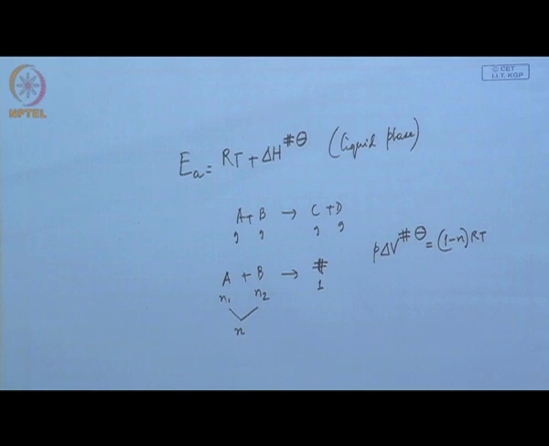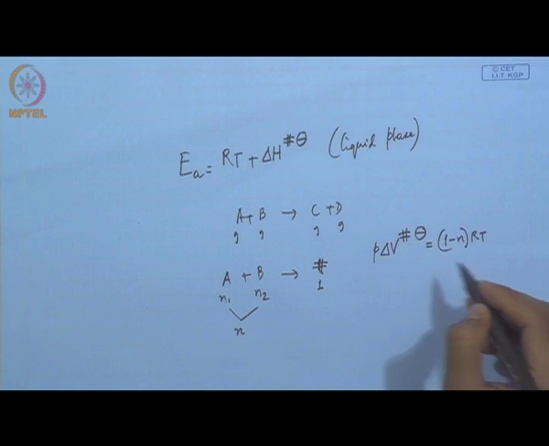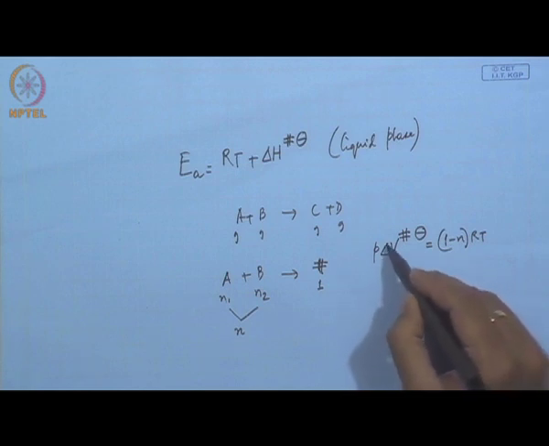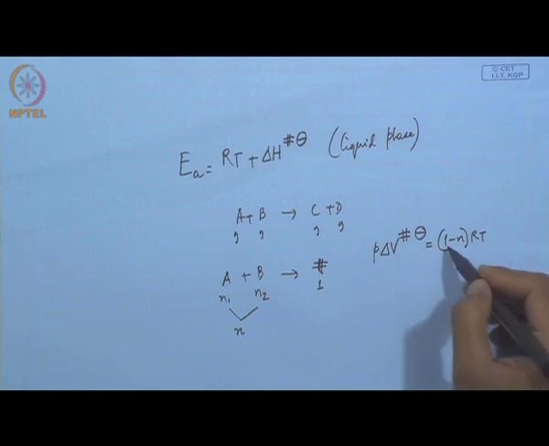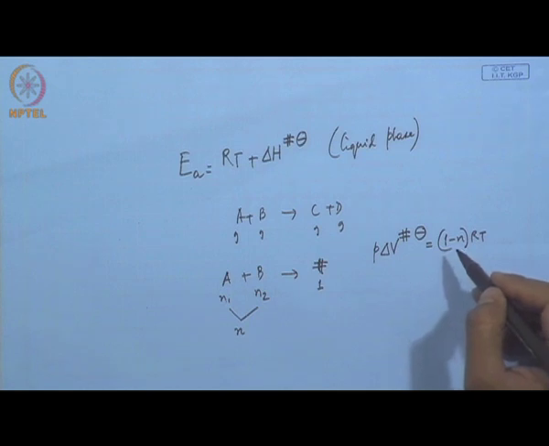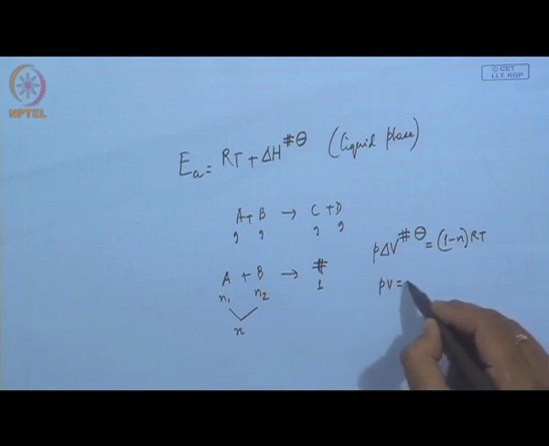Okay. So, PΔV, where ΔV is the change in volume because of this activated state formation, the activated complex formation. That change in volume can be computed this way, assuming these gas molecules are behaving ideally, from your PV equal to nRT expression.